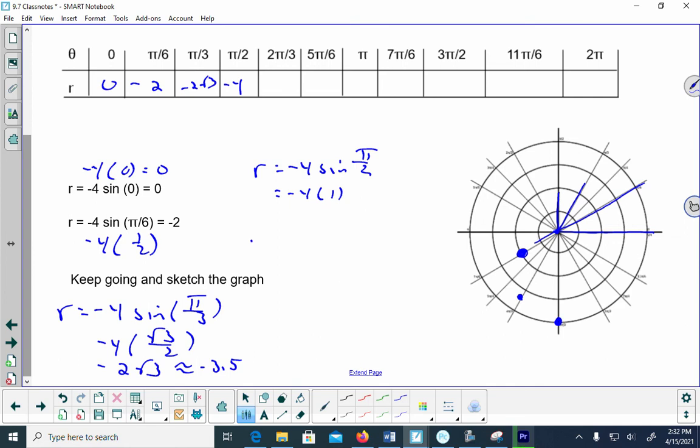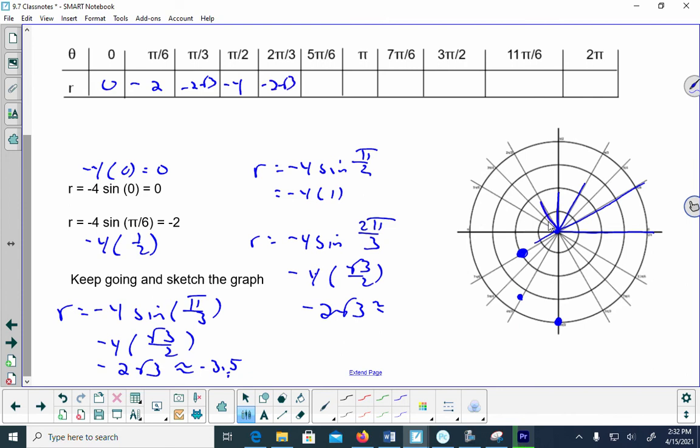If I do R is equal to -4 times the sine of 2 pi over 3, well, the sine of 2 pi over 3 is the square root of 3 over 2, which gives the same -2 times the square root of 3. So 2 pi over 3 is here.